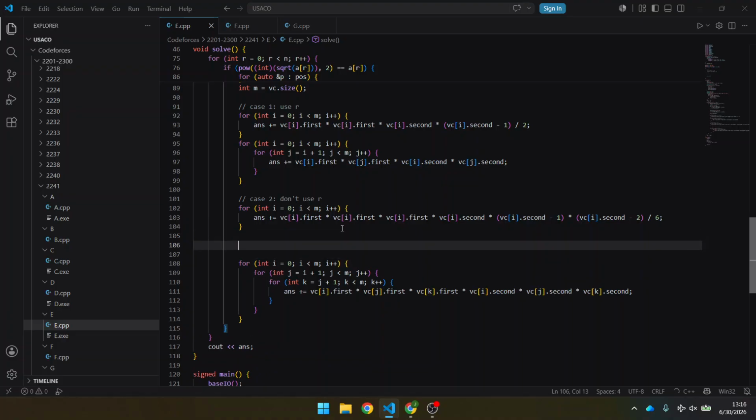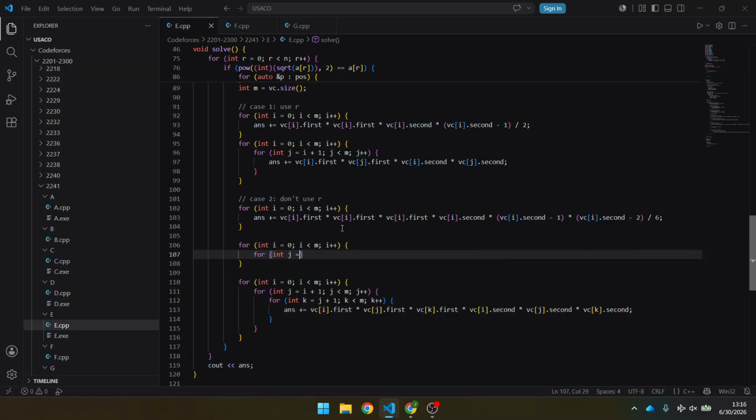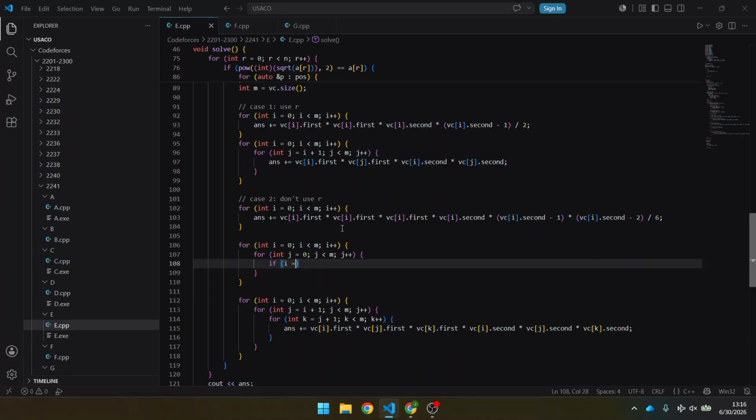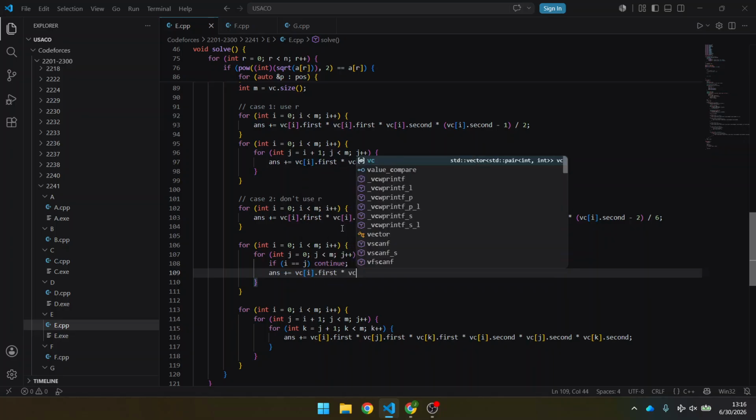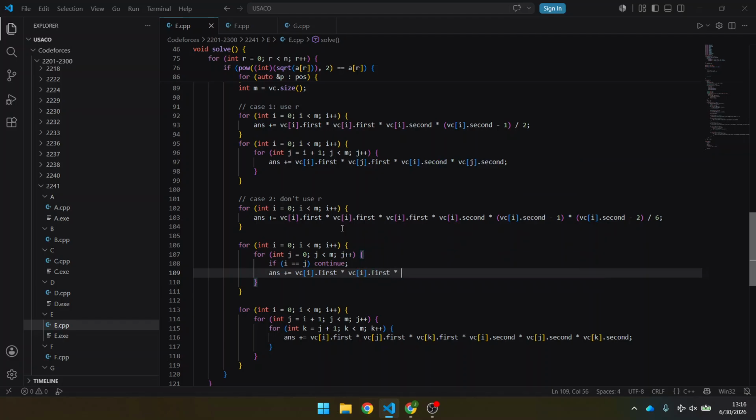This is all 3 different. What if it has 2? vc i dot first times vc i dot first times vc j dot first times vc i dot second times vc i dot second minus 1, divided by 2, and we'll just add this over here, vc j dot second.